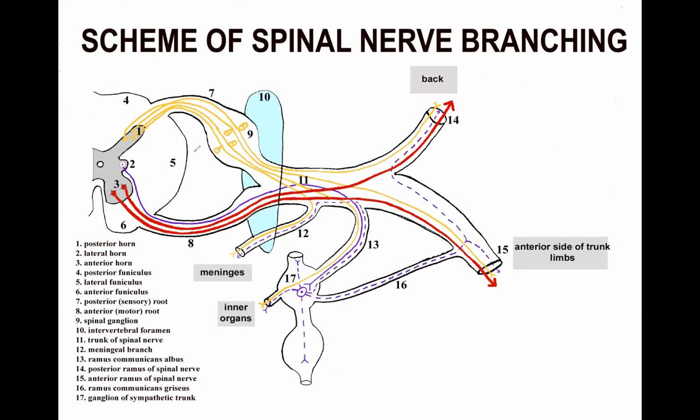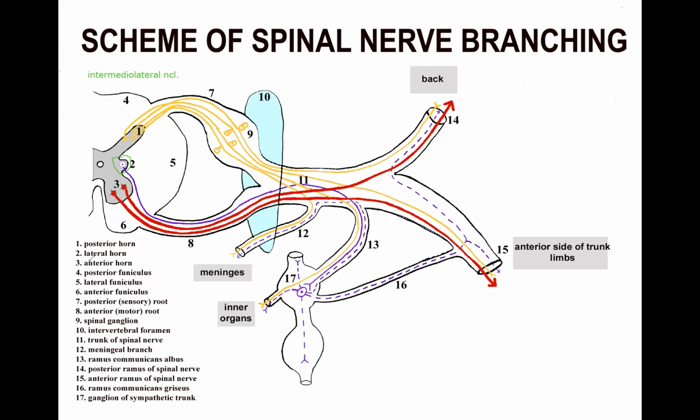Luckily we know this. We start here. Where is the nucleus for the autonomic system? The nucleus is called the intermediolateral nucleus, and it's in the lateral horn, of course.